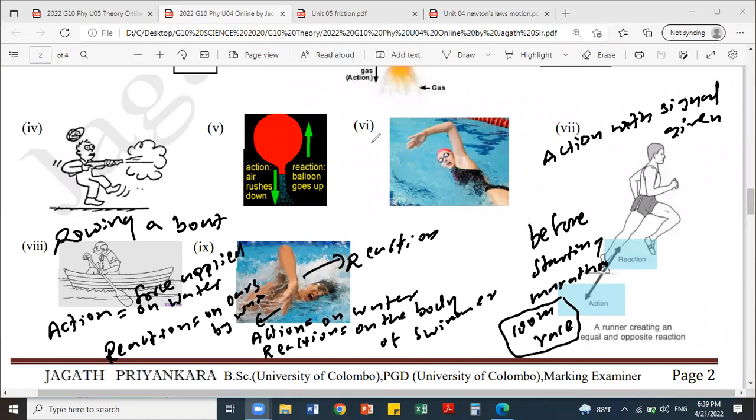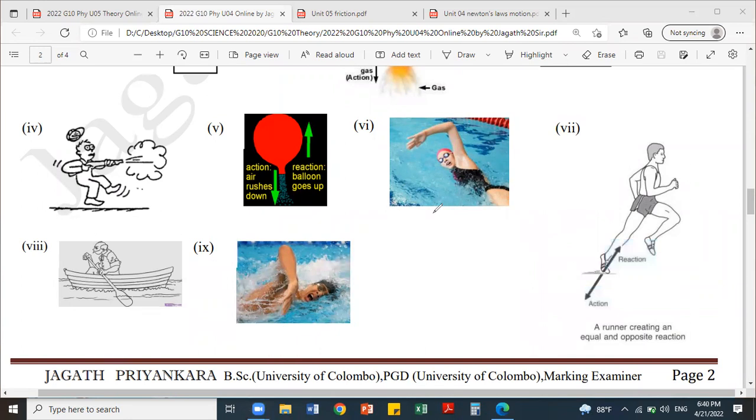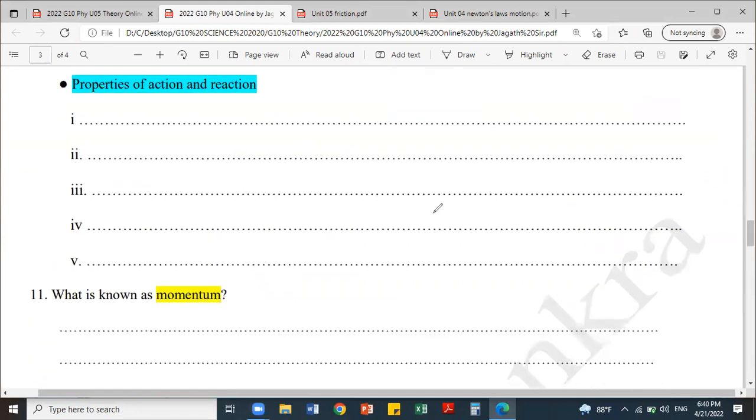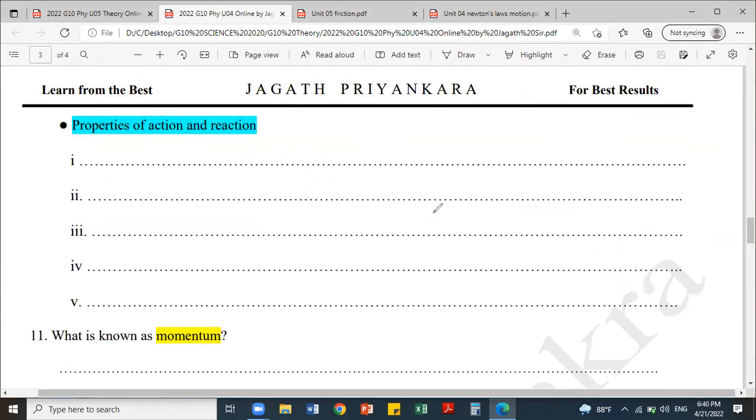Okay, I'll erase the screen. Next one, properties of action and reaction. What are the common properties of action and reaction? They are equal in magnitude. Magnitude means the value. That means if action is 10 Newton, the reaction also is 10 Newton.